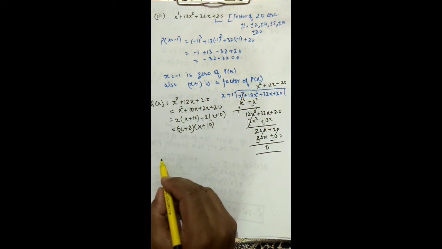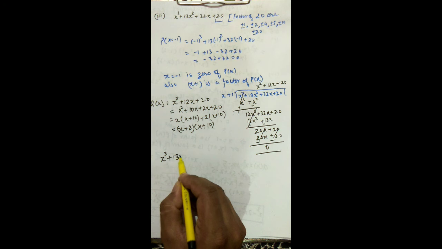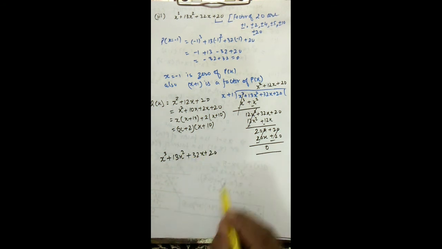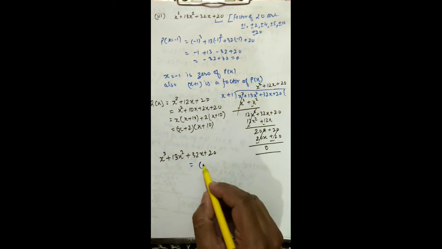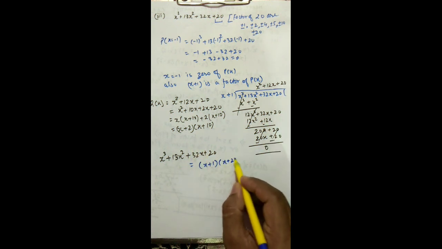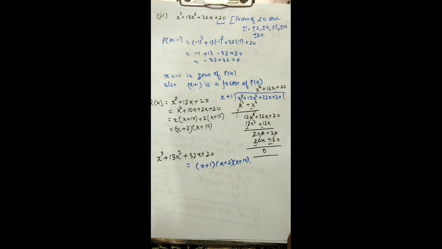Therefore now you can write x cube plus 13x square plus 32x plus 20 as the first factor was x plus 1, second factor is x plus 2, and third factor is x plus 10. So this way we have got the factors of this cubic polynomial.